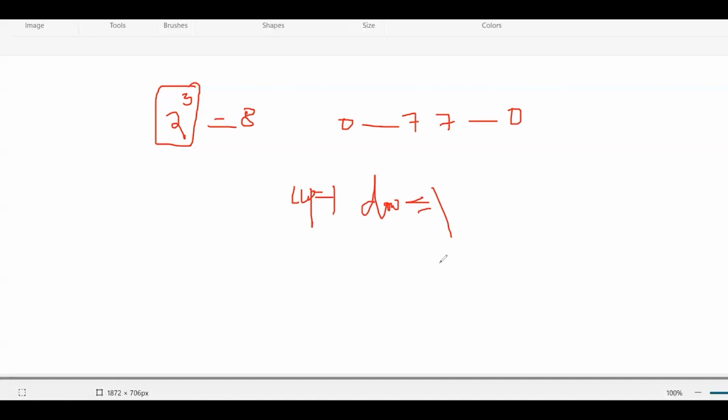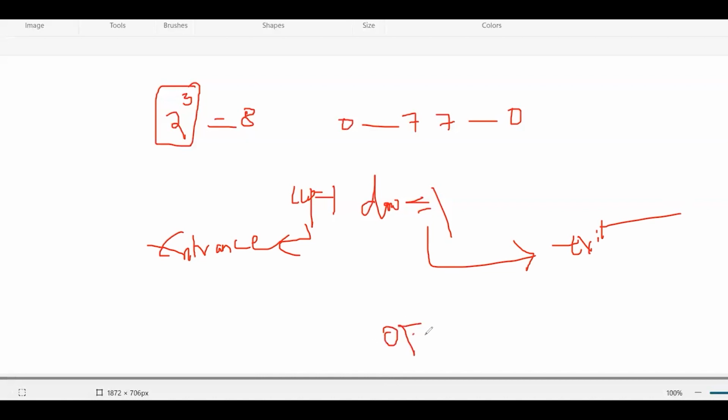The count up enable we can connect to the sensor at the entrance, and the down enable will be connected to the sensor at the exit. If there is no one in the room, the counter output must be 0, which means the bulb will be in the off state.